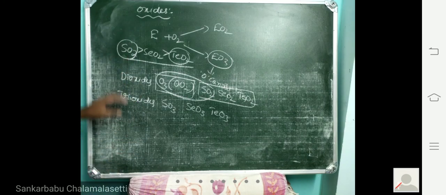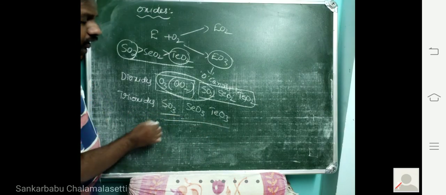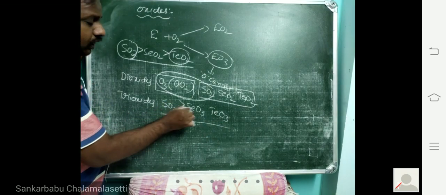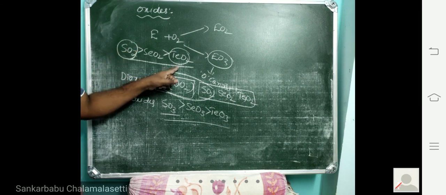These dioxides and trioxides are acidic in nature, and the acidic nature decreases from top to bottom. The acidic nature from sulfur to tellurium decreases. In dioxides also, the acidic nature from sulfur to selenium decreases.